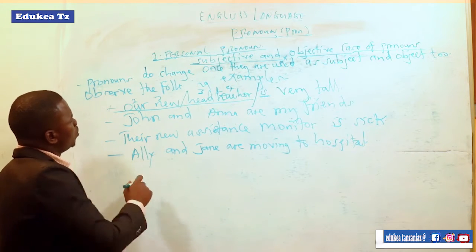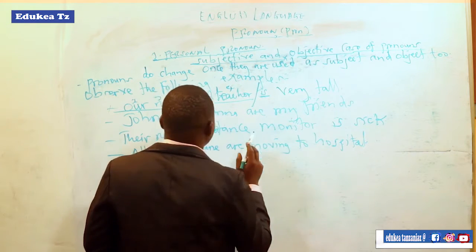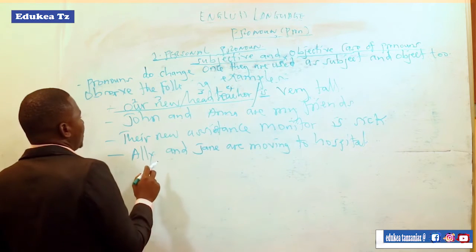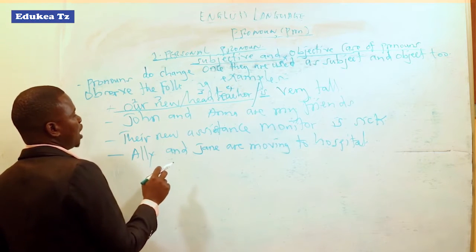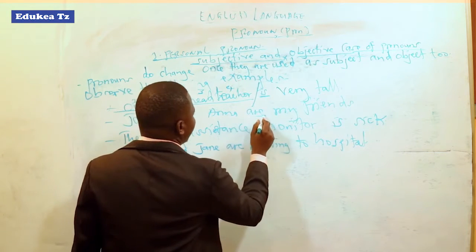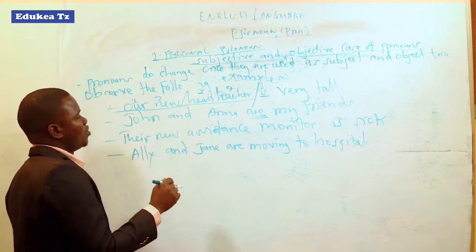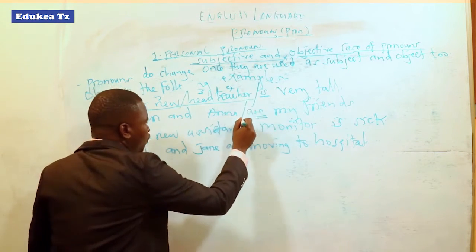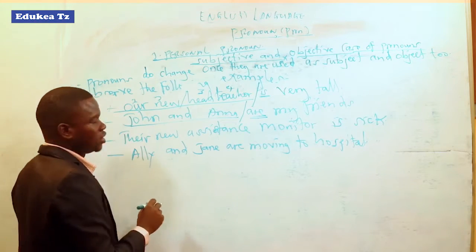Another example: John and Anna are my friends. Here we can see this sentence has a verb, that is "are", the auxiliary, again the be verb. So before that "are", all this is the subject.